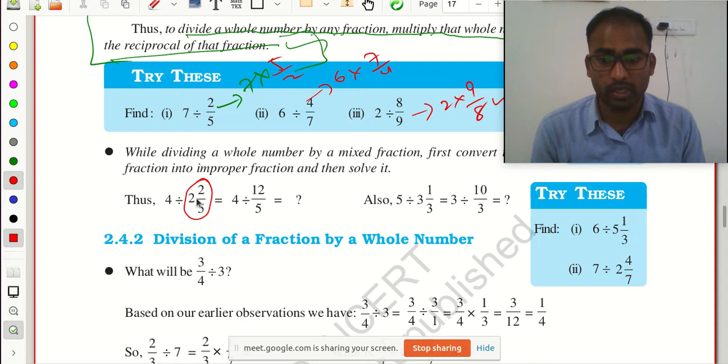You need to convert this mixed fraction into an improper fraction. Listen here. A mixed fraction is always an improper fraction only. It won't be a proper fraction. So always we need to convert the mixed fraction to an improper fraction.